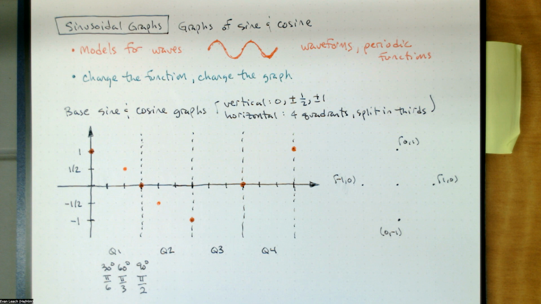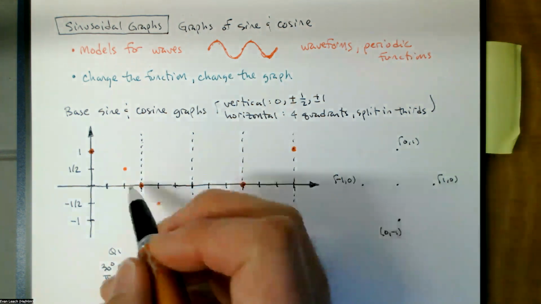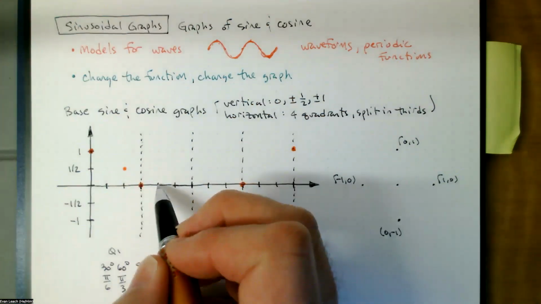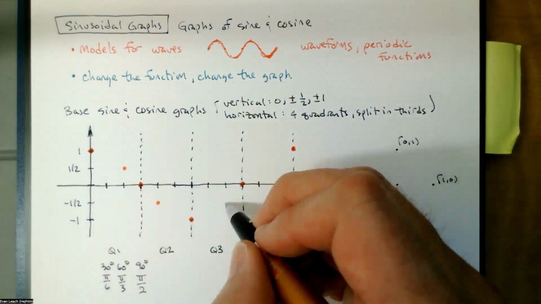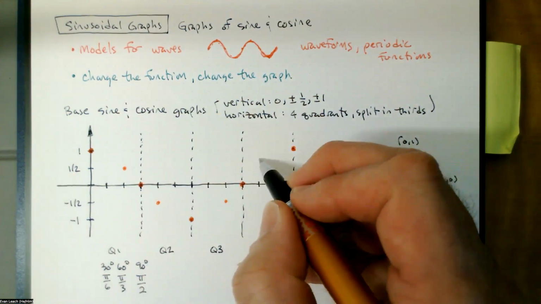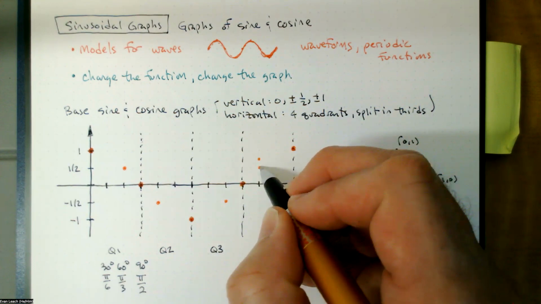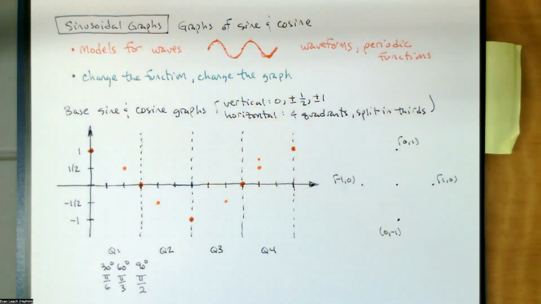So when we're coming across the horizontal axis, 1/3 before and 1/3 after the crossing point is where we have a 1/2. I made the 1/2 easy to find.